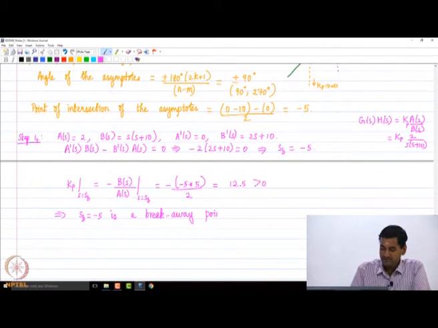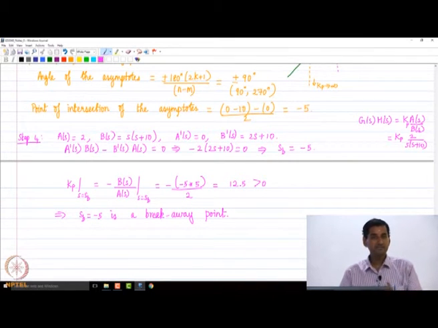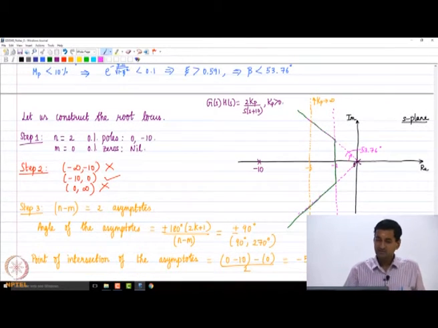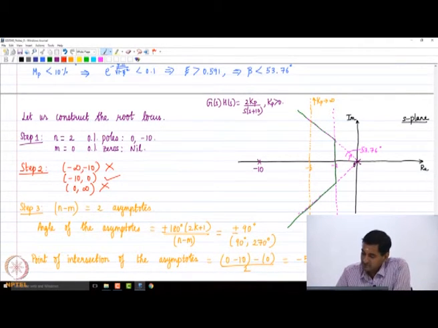Why am I calling it a breakaway point? Once again, it is pretty simple by now. Let us say I am plotting the final root locus in red. Please note that one branch will start from the open loop pole at -10 and start traveling to the right. Why? Because it can go to the right, as we know from step 2.